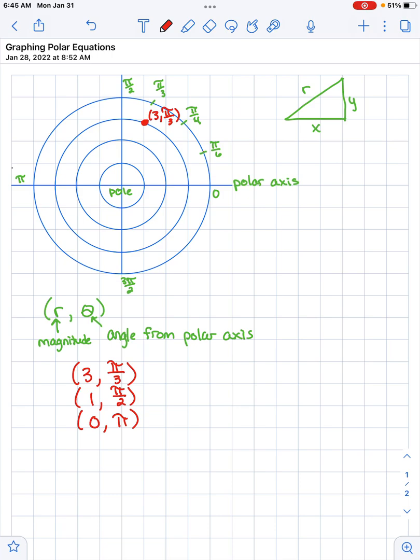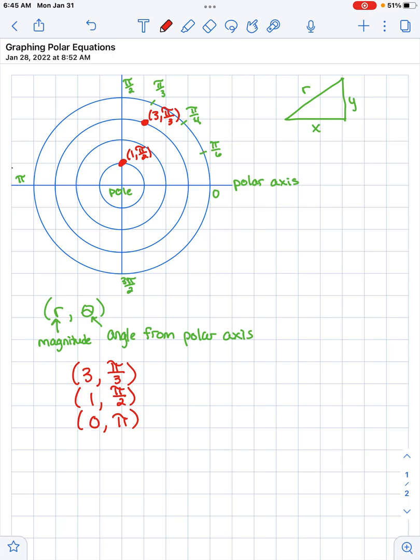Okay, welcome back. I hope you actually graphed. So I'm going to graph the second point here, 1 comma pi over 2. From the polar axis, I'm going to go up to pi over 2, and then from the pole, I will go out 1. This is 1 comma pi over 2. The next point is 0 comma pi.